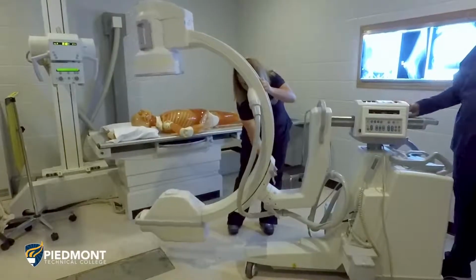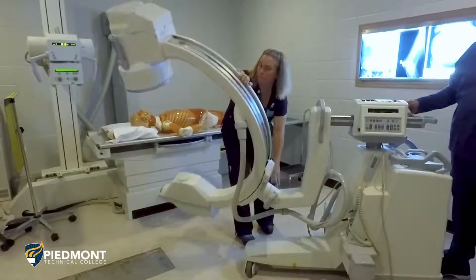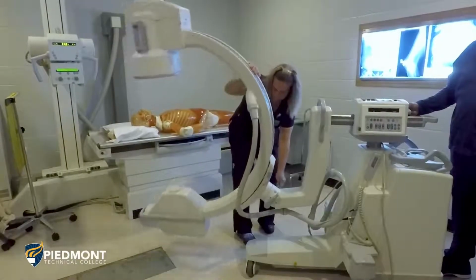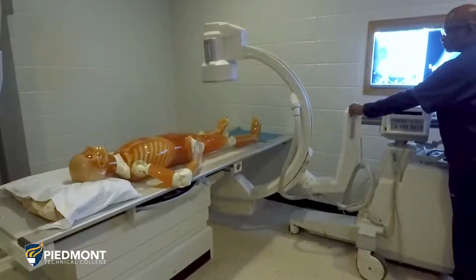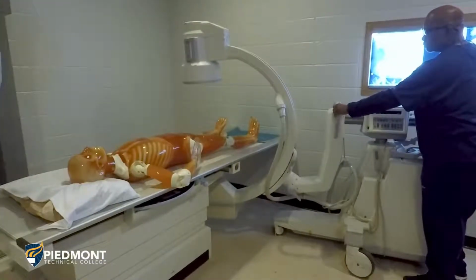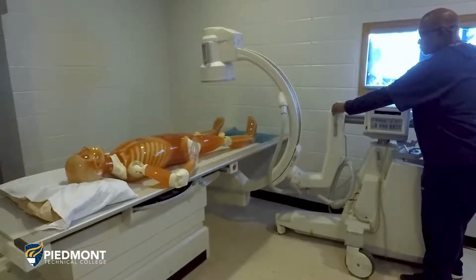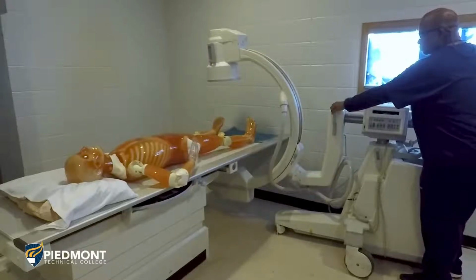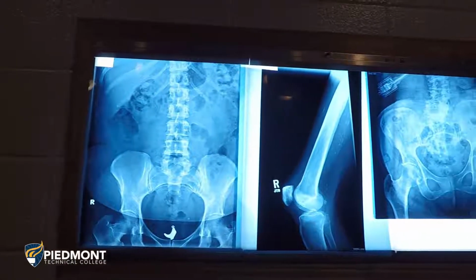This next piece of equipment here, this is what we use in surgery. A lot of people don't realize that our radiologic technologists are the eyes in the operating room for the orthopedic surgeons, when they put in pins and screws and nails and artificial knees, artificial hips, we're being their guide.